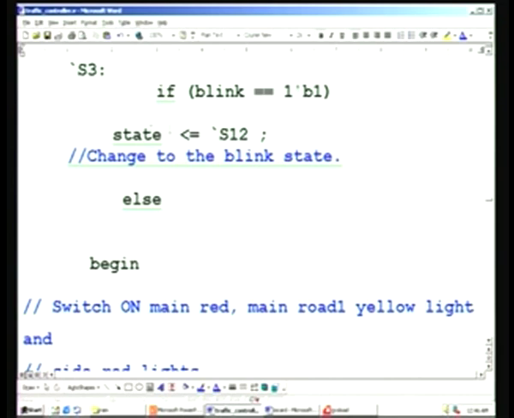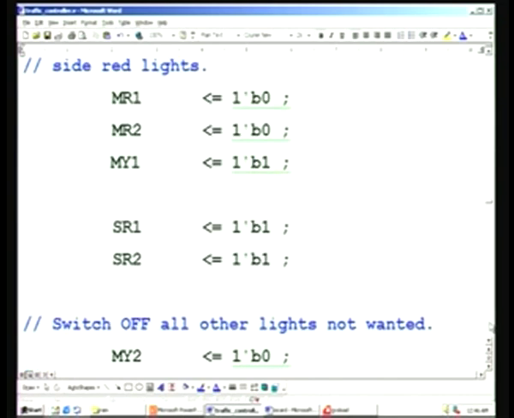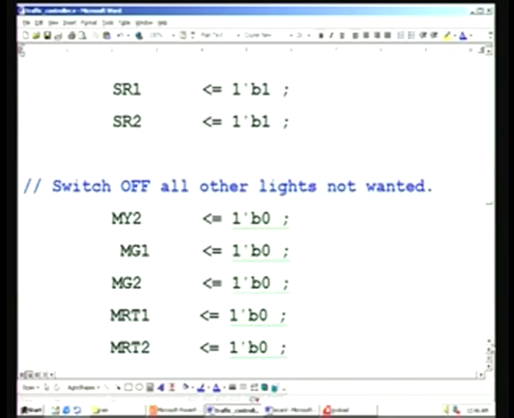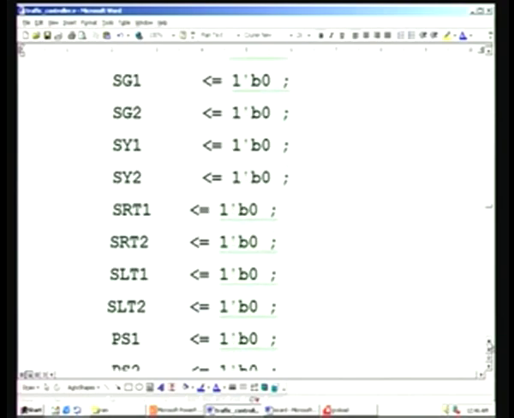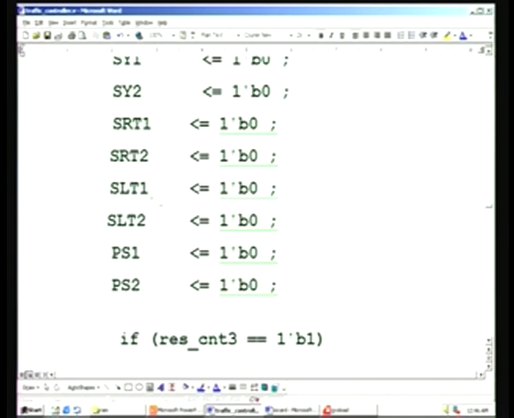So, once again for S3 we have a blink control here, and the lights are different here. Once again you can see left flow for the main are all switched off here, including the pedestrian crossing, and the side road left also are off here, and so is the case with pedestrian crossing here.